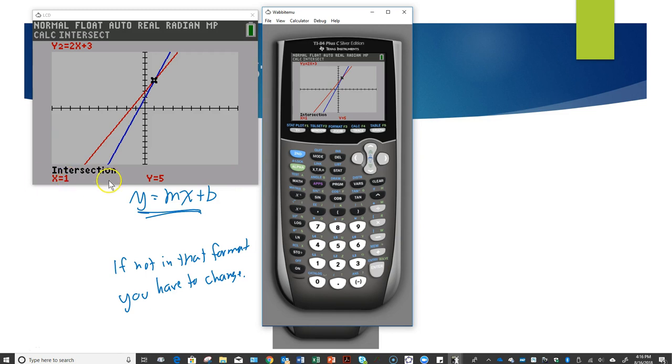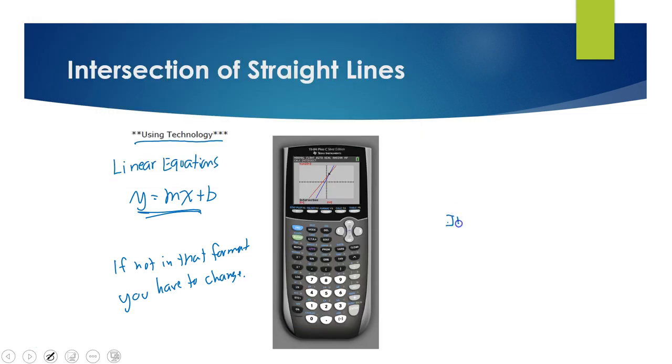And there's the intersection point. So I could say, based off of this, that the intersection point is at 1, 5, or the solution to that system of equations.